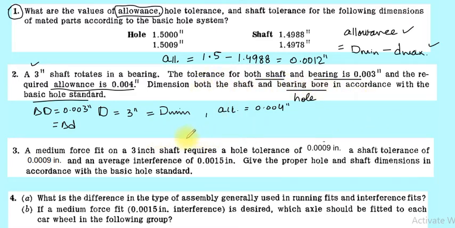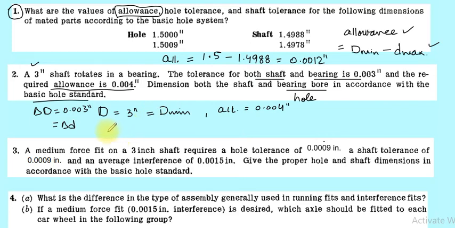Now let's see how we can use this information to find the dimensions of the hole and the shaft. Whenever we are required to find the dimensions, we need to find 4 dimensions: minimum and maximum size of the shaft and minimum and maximum size of the hole. We already have one of these.